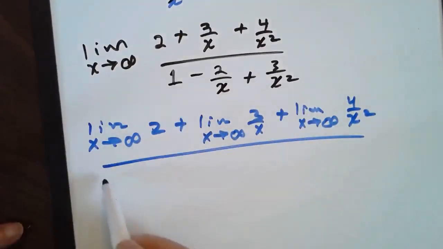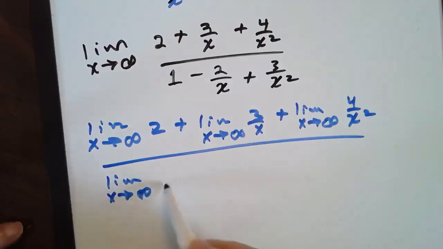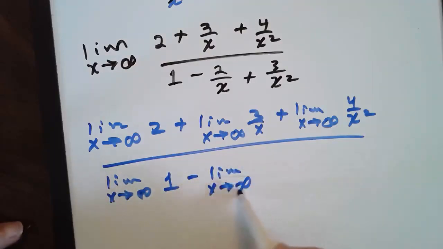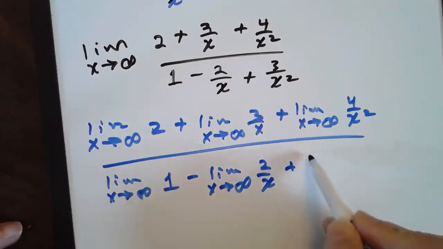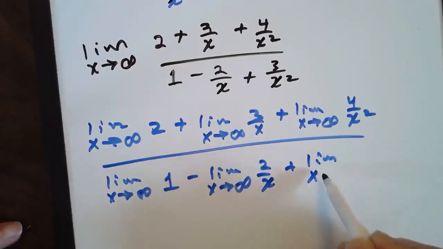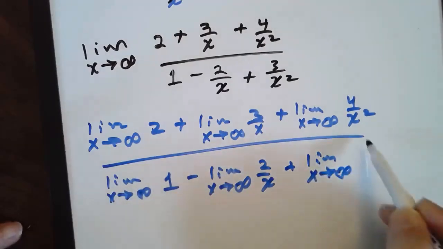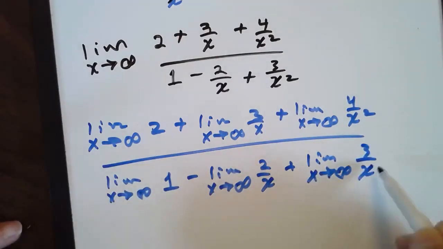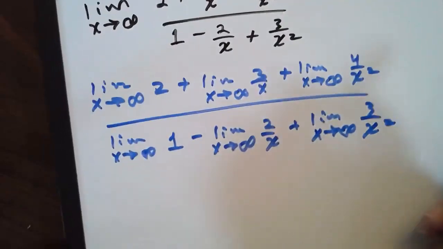And then for the denominator, the limit as x tends towards infinity of 1, minus the limit as x tends towards infinity of 2 over x, plus the limit as x tends towards infinity of 3 over x squared.